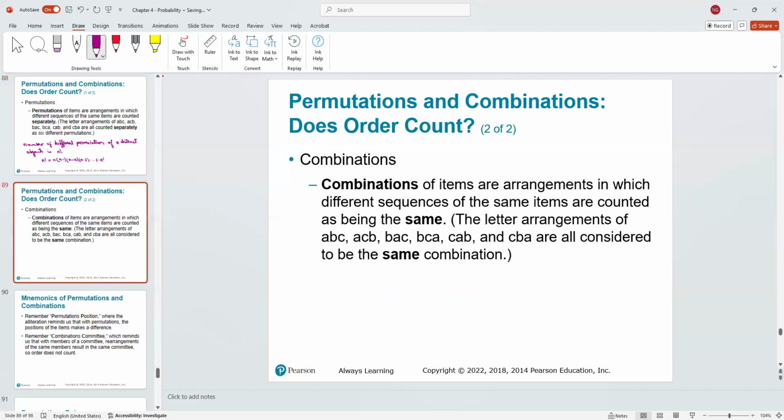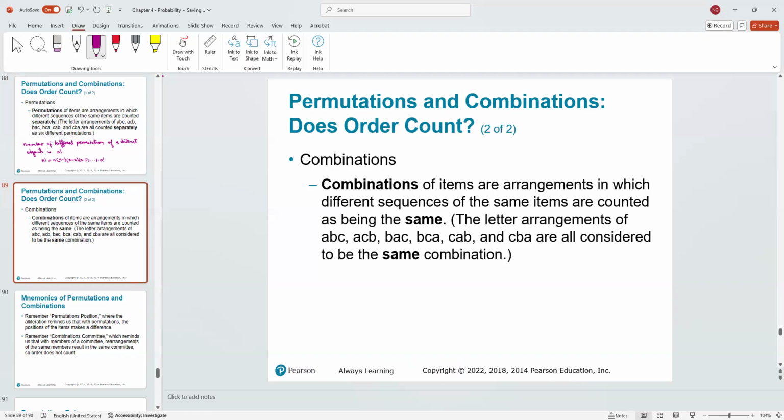But for combinations, we said combinations of items are arranged in which different sequences of the same items are counted as being the same. You see, for permutation, different sequences of the same object are counted separately. But here, if you do combinations, then you consider it as the same.